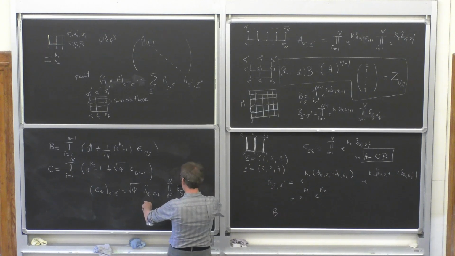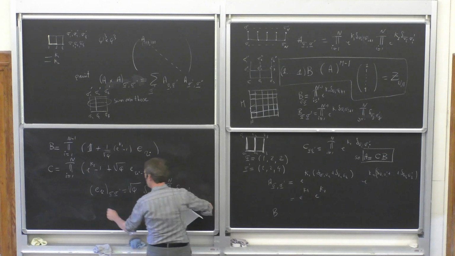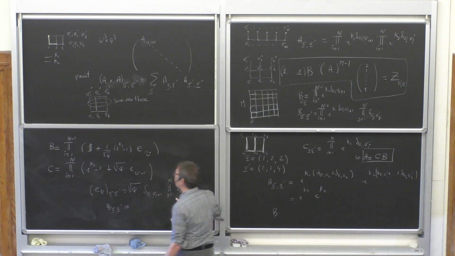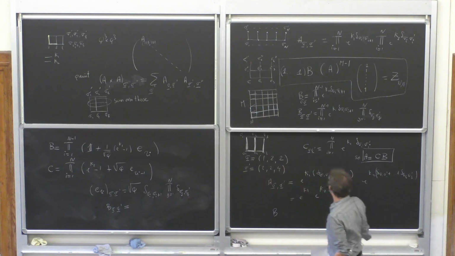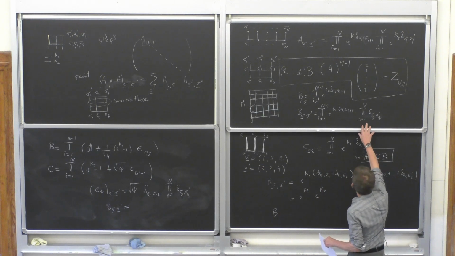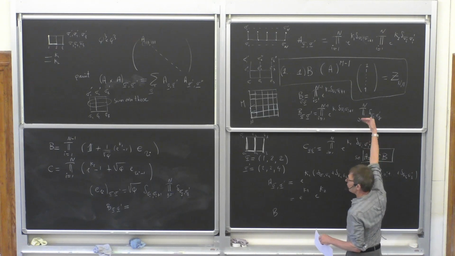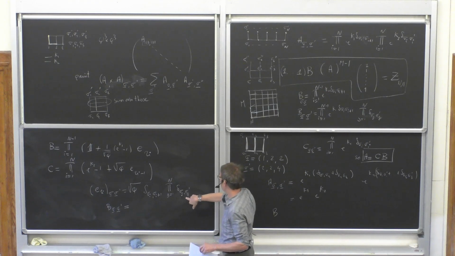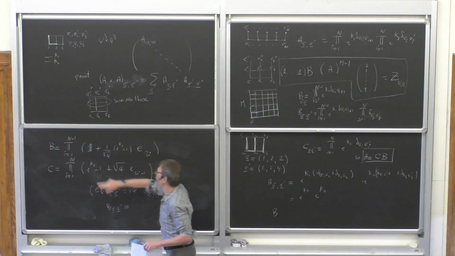If I look at what I'm getting now, B sigma sigma prime, what do I get? Well, for each edge, first of all, I'm sending sigma to sigma prime, right? There's a product of j equal 1 to n of delta sigma sigma prime here, and 1 in the identity also.